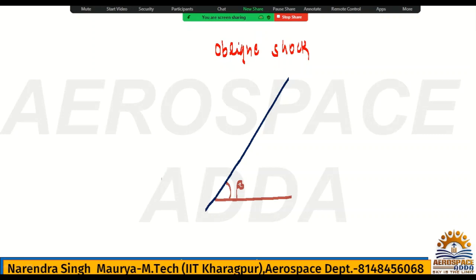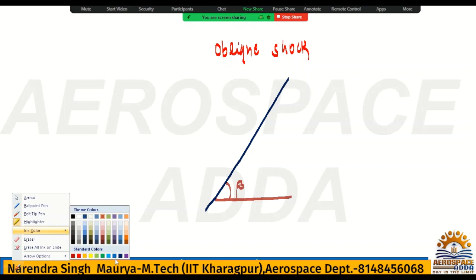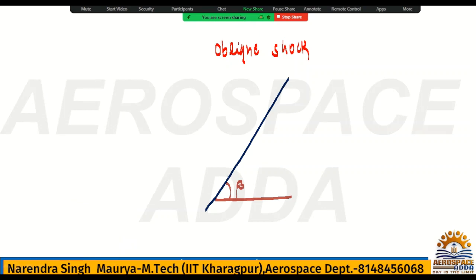I'm considering whatever the flow is coming, that will be called ahead of the shock or upstream. So upstream, I will show like this is the flow coming towards the object, and then this flow should go straight.